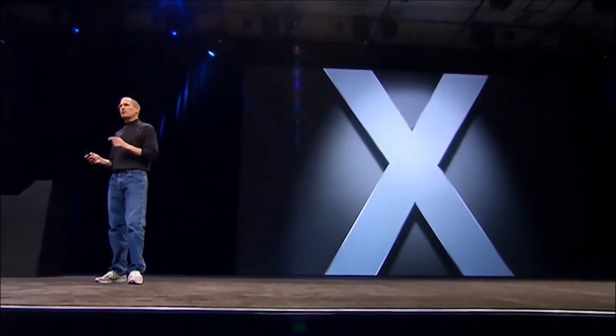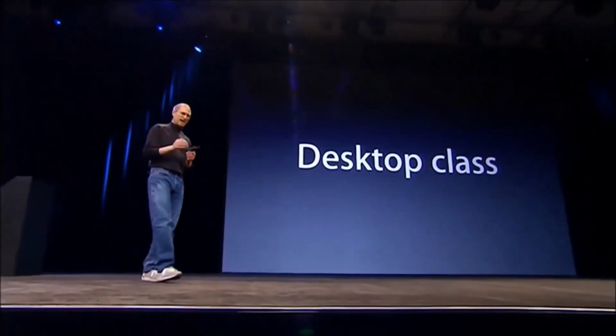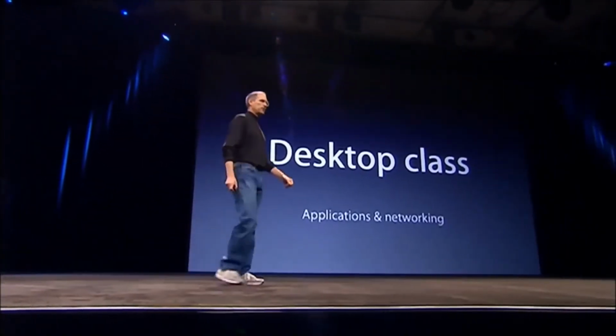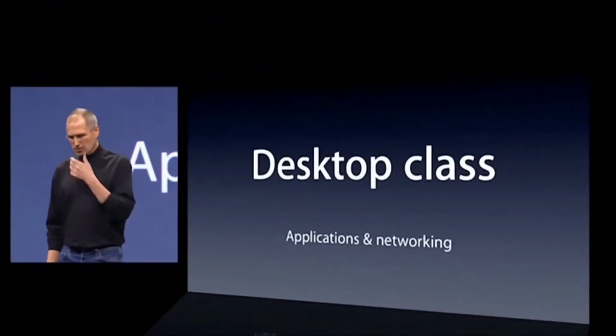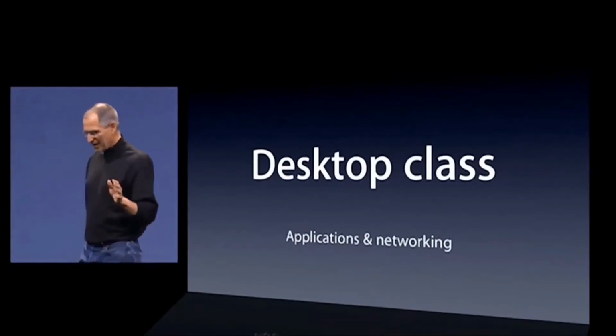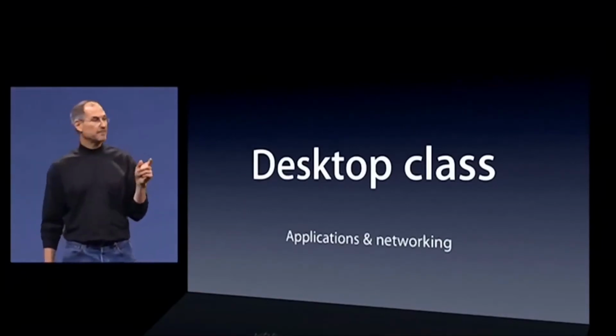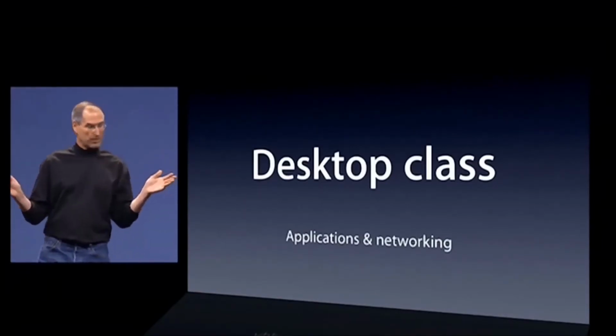And that has let us create desktop-class applications and networking, right? Not the crippled stuff that you find on most phones. This is real desktop-class applications. Now, you know, one of the pioneers of our industry, Alan Kay, has had a lot of great quotes throughout the years.